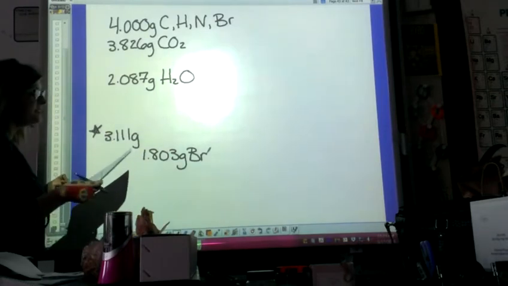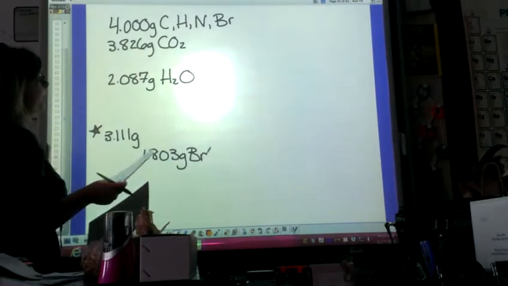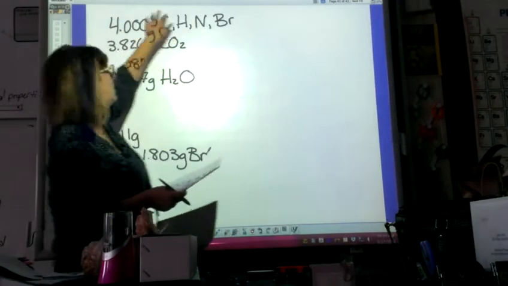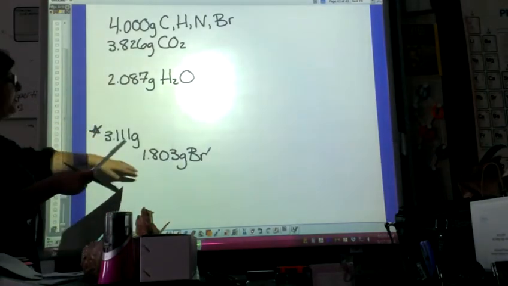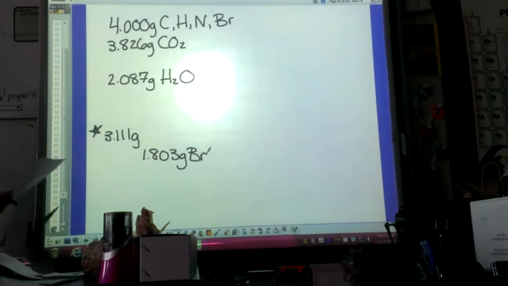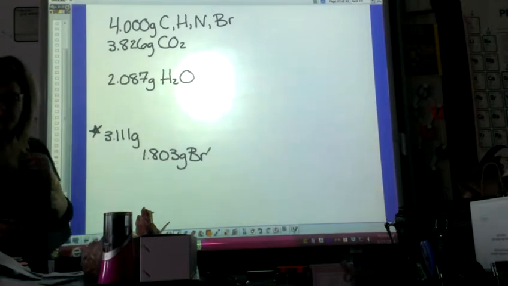They also say that in another sample of the compound with a mass of 3.11 grams, 1.803 grams is specifically bromine. My goal is to find the empirical formula of this compound.